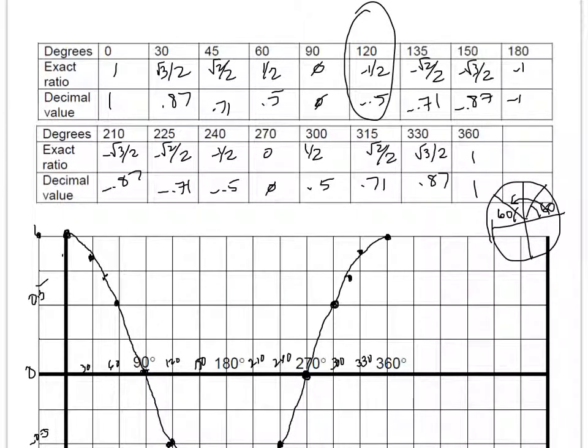Now we know that cos is the x-coordinate of the point, and 120 falls in the second quadrant, and in the second quadrant the x values are negative, so we know that cos is negative, and the reference is 60, so cos 60 is going to be 1 over 2, but it is negative because of the second quadrant, so it's negative 1 over 2. So the answer is negative 1 over 2 and negative 0.5. And you can find the other angles exactly the same way, having the angles and the decimal values.